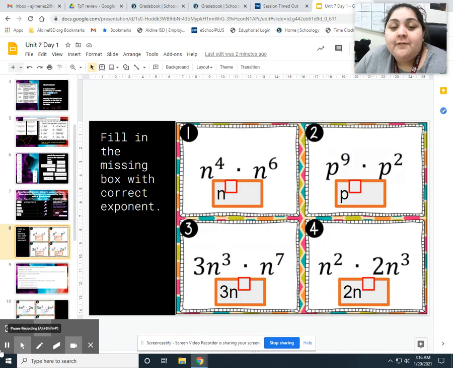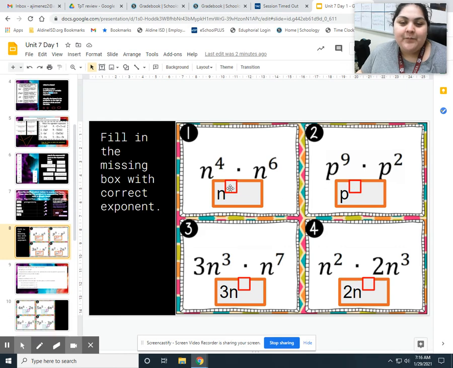Okay, so on here we're going to fill in the missing box with the correct exponent. So again, remember you're adding. So you're adding 4 plus 6. Add those two numbers together, and that's what you're going to put in here. What's 4 plus 6? What's 9 plus 2? Notice that on this one there's a coefficient. The coefficient doesn't have an exponent. There is no other 3 on here, or there is no other number in front of this n. So we're just going to leave the 3.